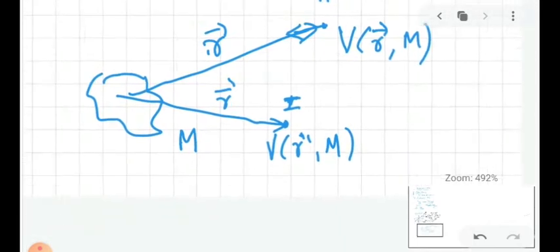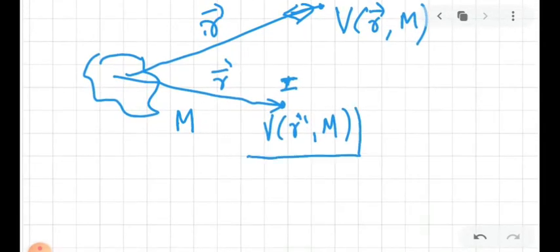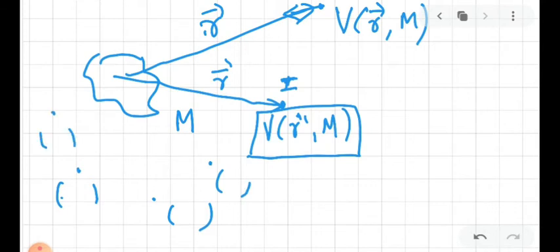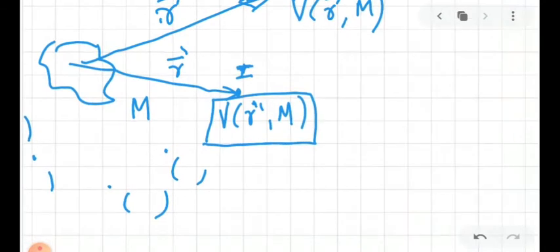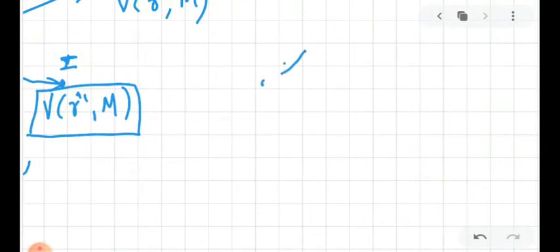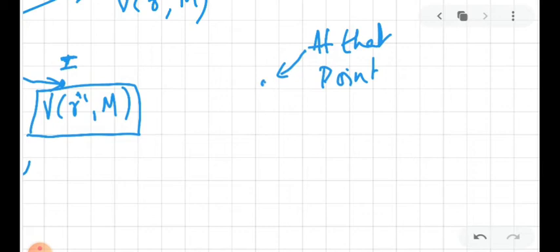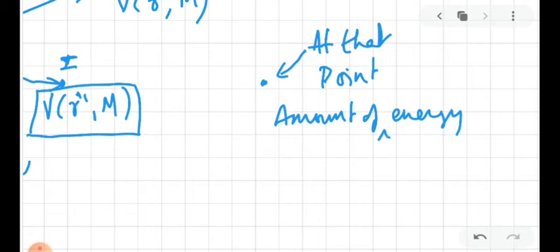Now what is potential? Potential is this function, and it's a scalar quantity. It's just associating a single number. You can attach a single number to every point. And what does this number give you? This number at that point means, what does it mean? It is the amount of energy, specifically what form of energy?